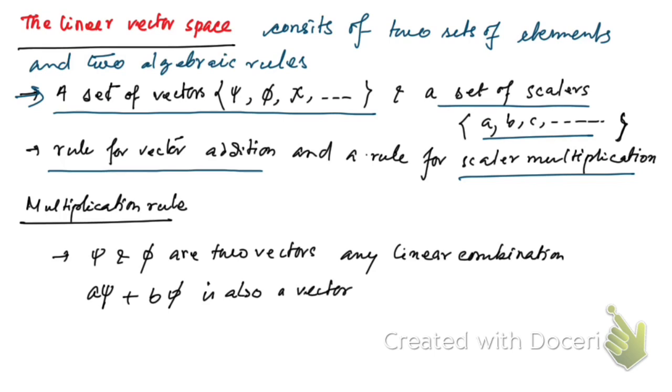So linear combination means with these two vectors we have multiplied these two scalars. Here A and B are scalars.